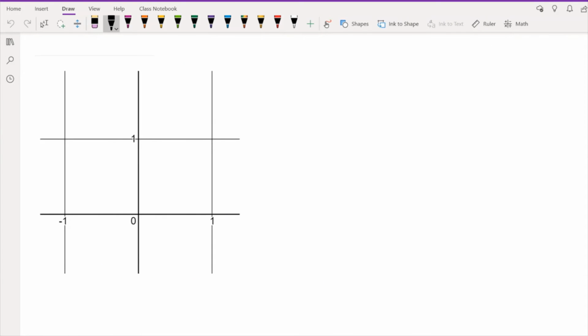Okay. So next up, this one is going to be now a revolution around the y-axis.